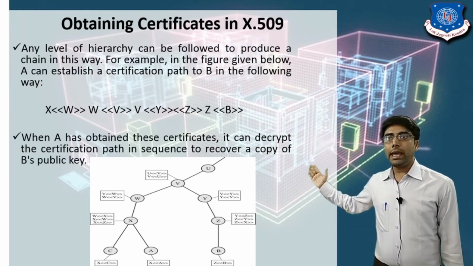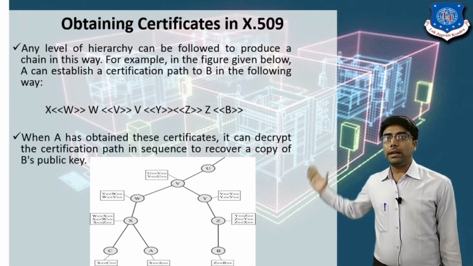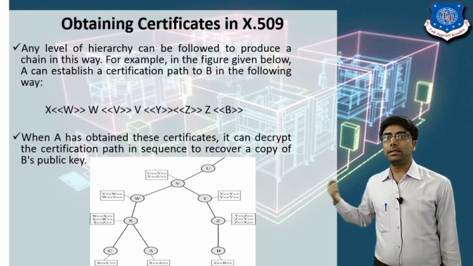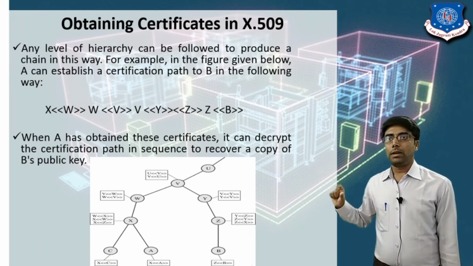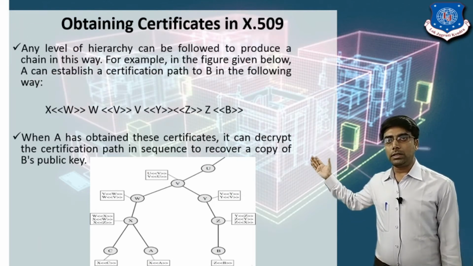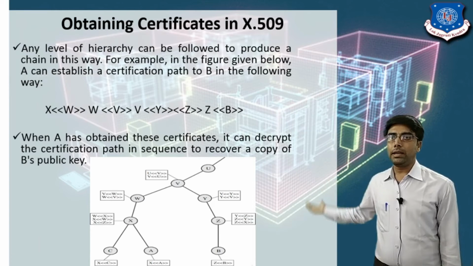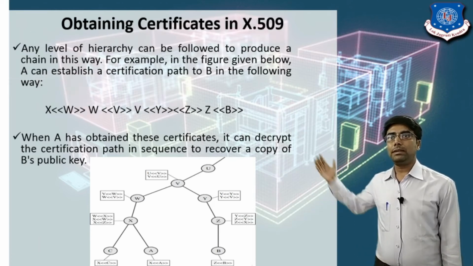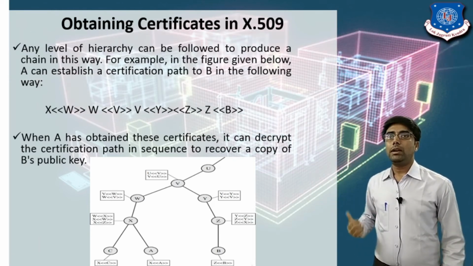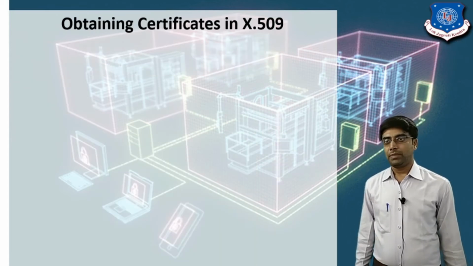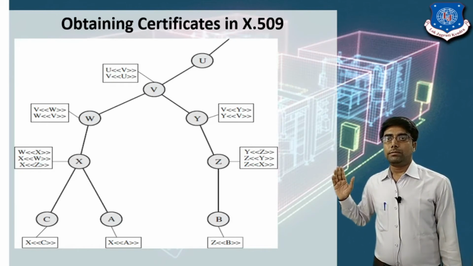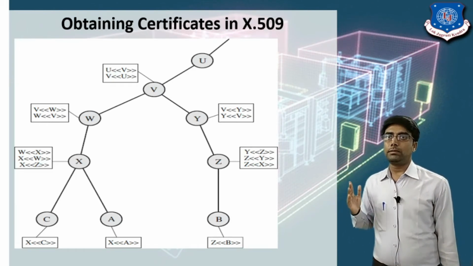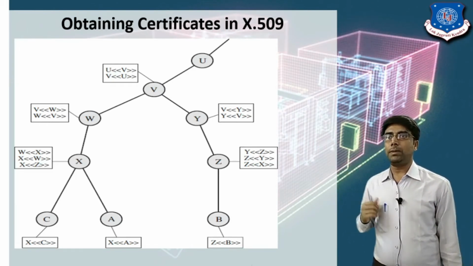Now, when A has obtained this certificate, it can decrypt the certificate path in sequence to recover a copy of B's public key. You can see this is the hierarchy for obtaining the certificate path.